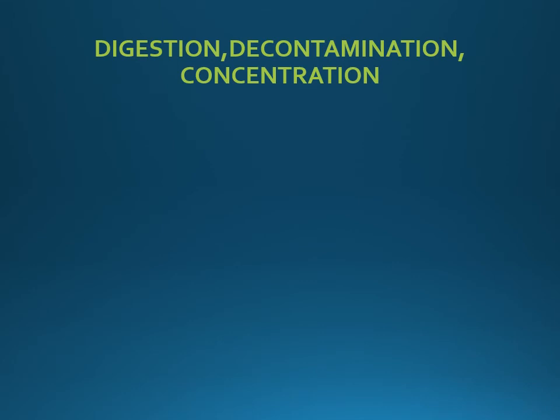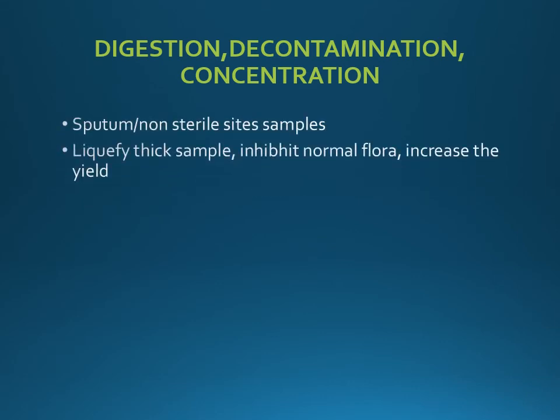Then concentration, so we have to increase the concentration of bacteria within the sample which we are using for the culture or for the staining, so that the diagnostic rate can be increased by the concentration technique. So these three steps are very important while we are doing the culture, and we are dealing with non-sterile samples like sputum or other non-sterile site samples. So we have to liquefy it, inhibit the flora, and increase the yield.